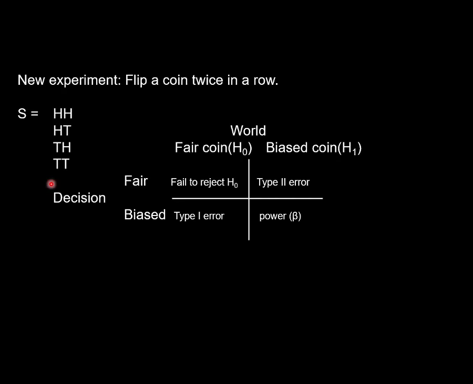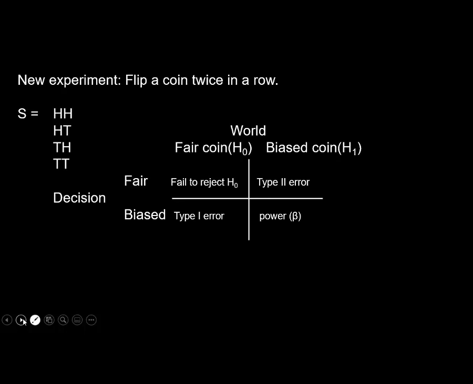If the coin is biased, but we decide it's fair, well, then we've made a mistake. And we call that mistake a type 2 error. It's a false negative. If we were diagnosing an illness, this would be seeing a sick patient and saying they were okay, that they weren't sick.